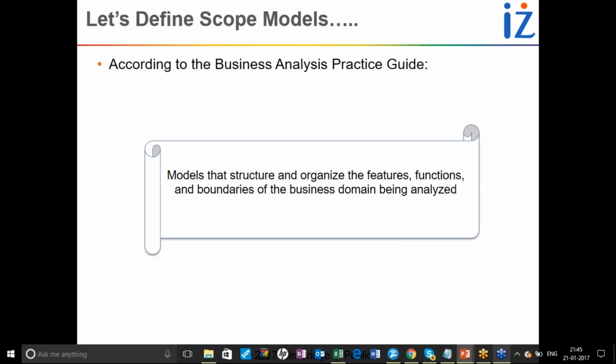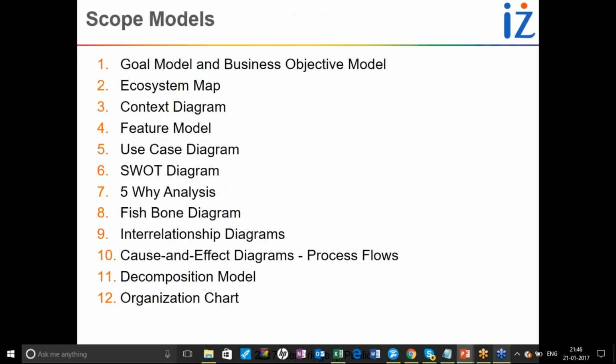According to the business analysis practice guide, scope models structure and organize the features, functions, and boundaries of the business domain being analyzed. Basically, they help build a shared vision of the scope for all the stakeholders. Example scope models, near about 12, include goal models and business objective models.